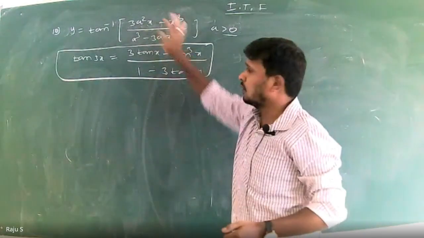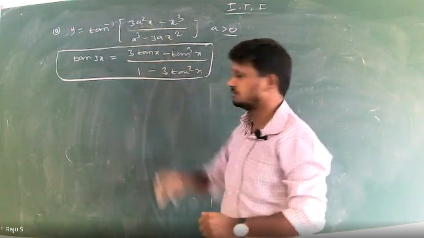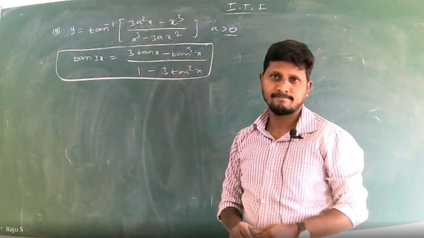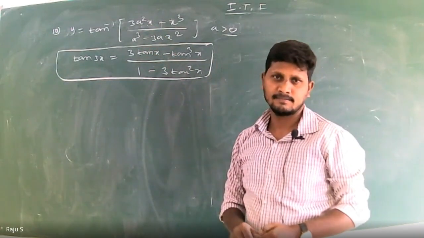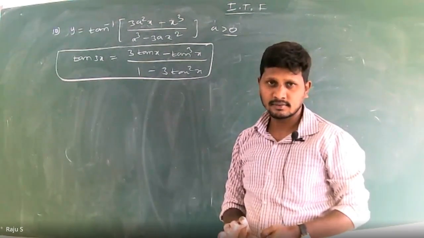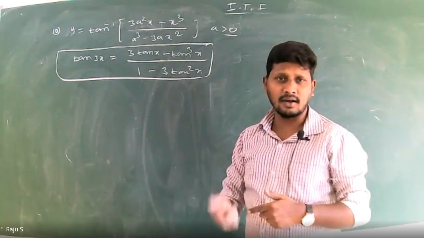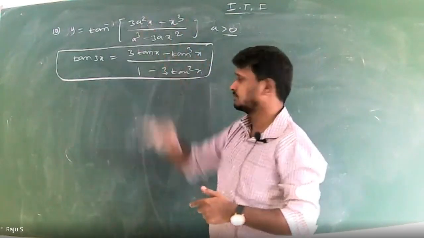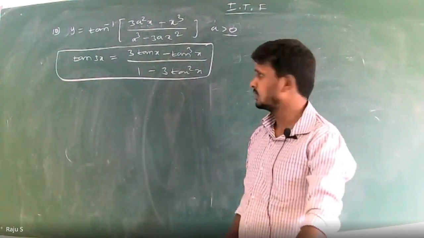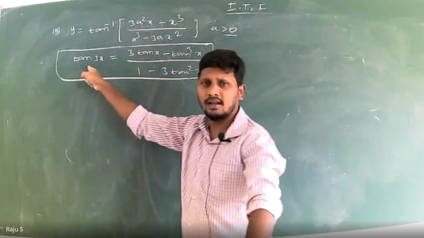What x value do you want to substitute to get this? A sin theta, A tan theta or A cot theta, what should we substitute here? In terms of tan you will get tan.